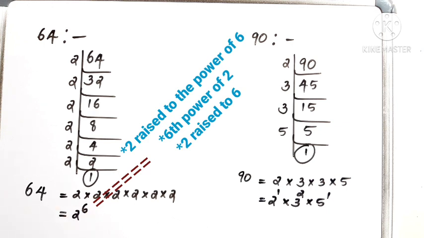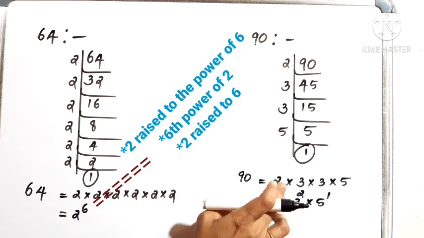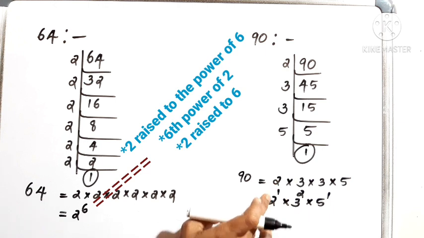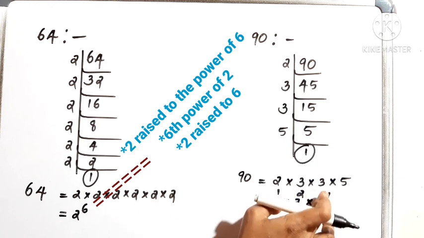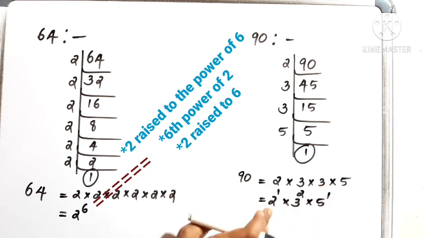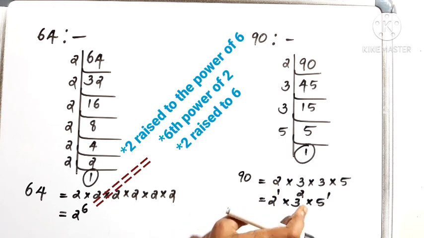Okay, here we have 2 raised to the power of 1 or 2 raised to 1, 3 raised to 2, 5 raised to 1, or 2 one time, 3 two times, 5 one time. Here 2 six times.